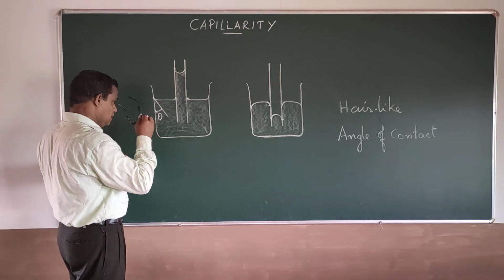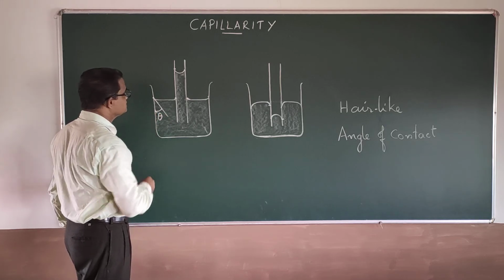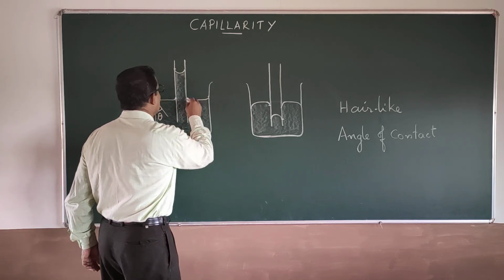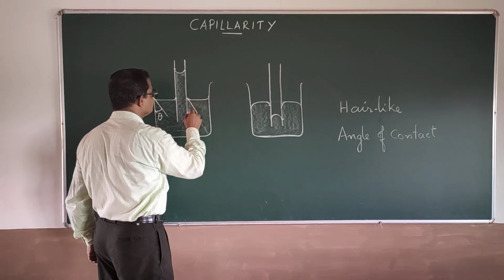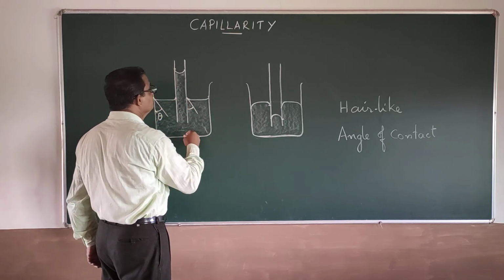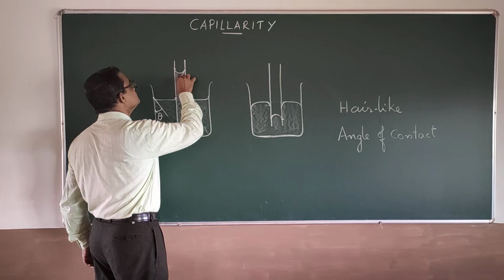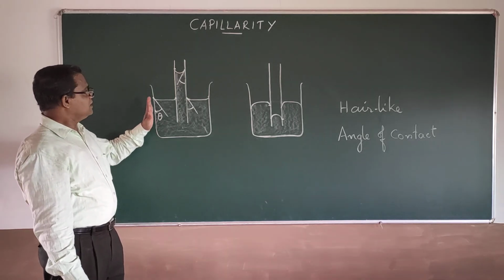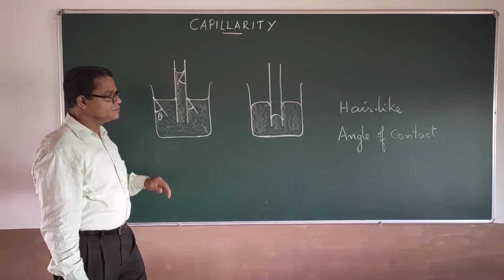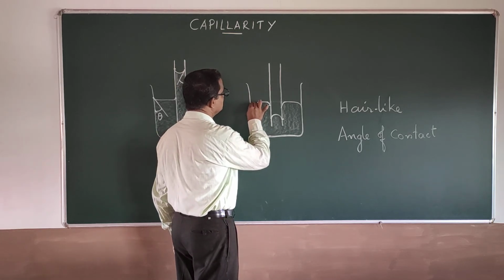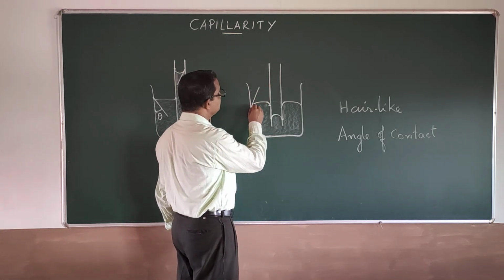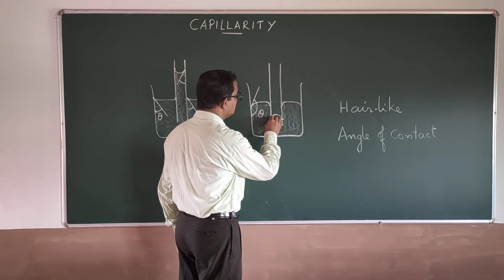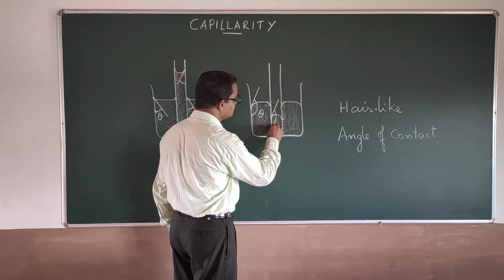And you can see this is the angle of contact here, and see this one, tangent, this can be the angle, and here tangent, this can be the angle of contact. Like that you can define the angle of contact in this case. And here you can see the tangent goes like this, along the liquid surface, and this will be the angle of contact here. Like that here you can see this is the angle of contact.